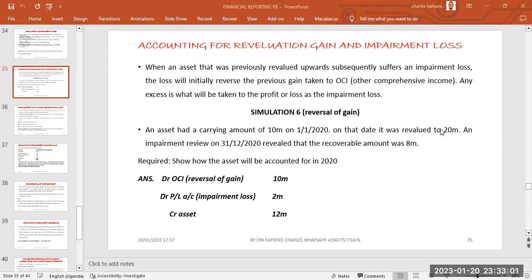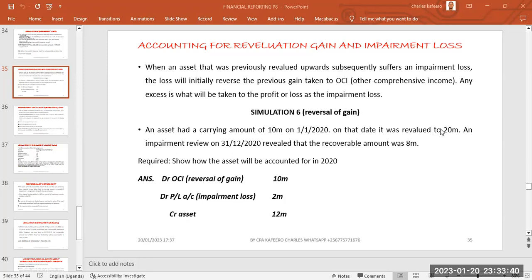In other words, if you are to sell off this asset, we are going to be getting a lot of money in excess of the carrying amount. That's how we get the revaluation gain, where the carrying amount is lower than the recoverable amount.